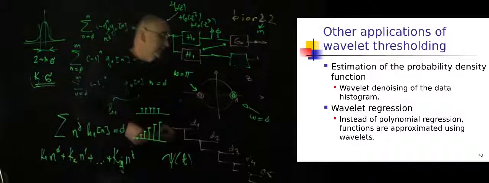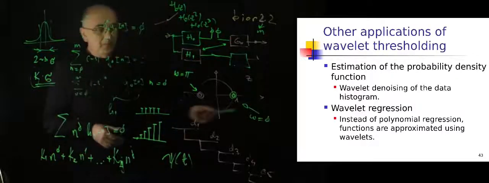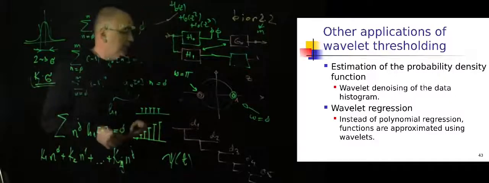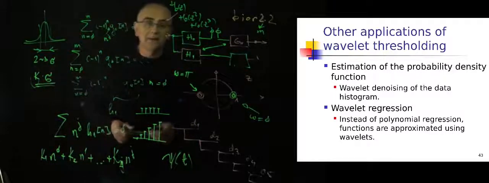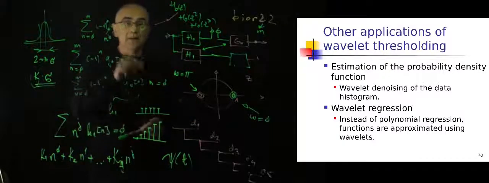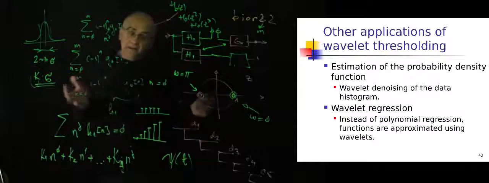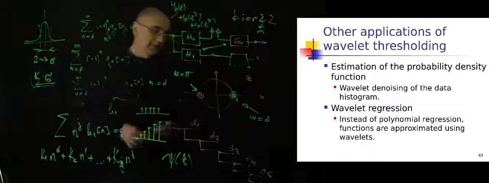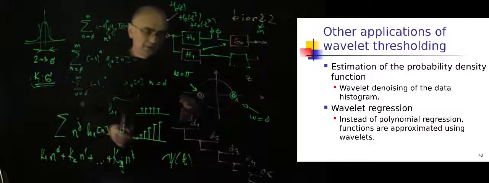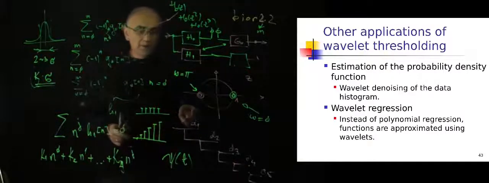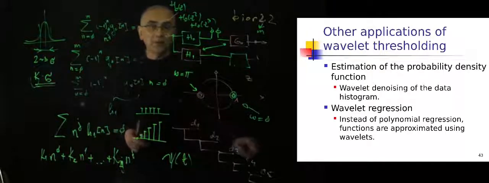Except for these examples, there are many more, like wavelet regression, estimation of the probability density functions in the wavelet domain, and it is a widespread application of wavelets in denoising, as well as in compression. For compression, the principles are almost the same, because the information is concentrated in only a few coefficients.